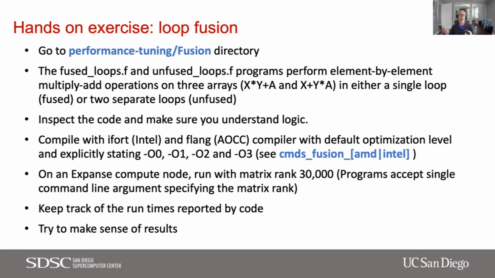You're going to compile these with the Fortran and the AOCC compilers with the different optimization levels like we did before. Ignore the next line where we say that we're going to run this with a rank of 30,000. We're going to be doing this with a matrix rank of 20,000 so that it fits into the memory allocated to your job. And we're going to keep track of the runtimes reported by the codes.